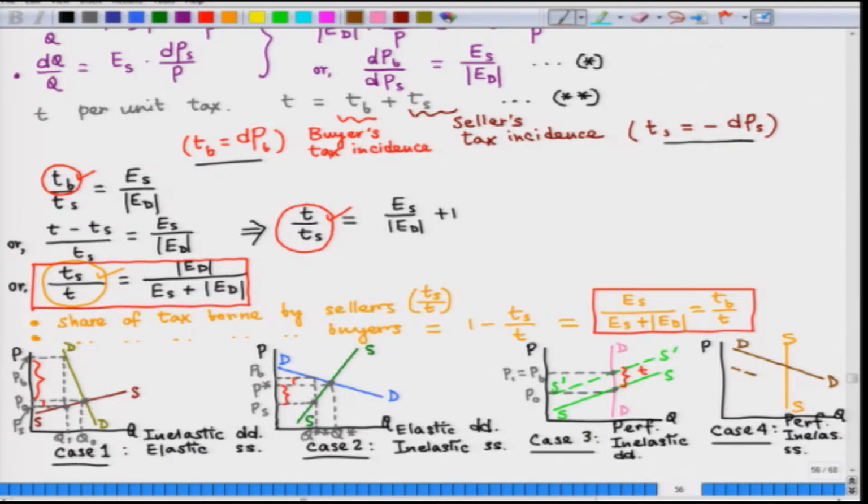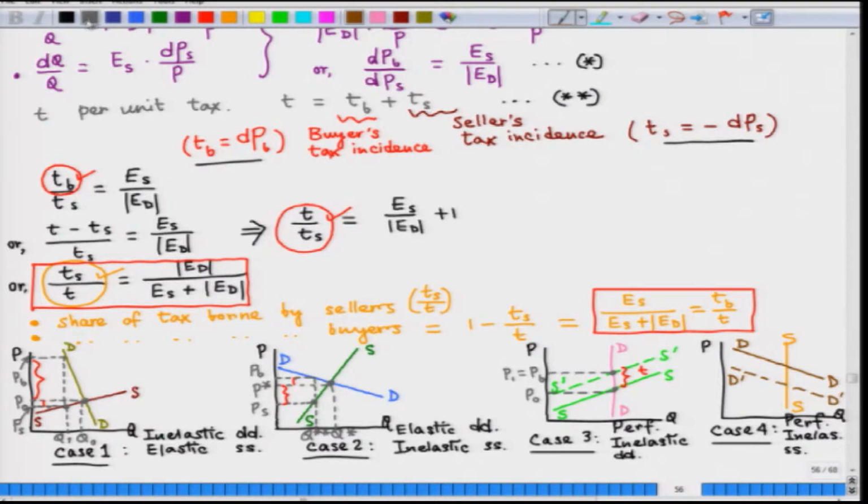We need to shift this demand function parallelly downward, and that can be represented by this broken line. Let me call this D prime demand function, right.